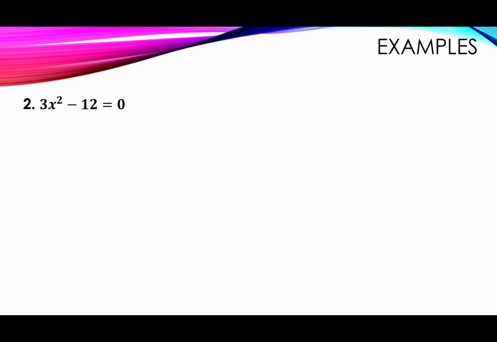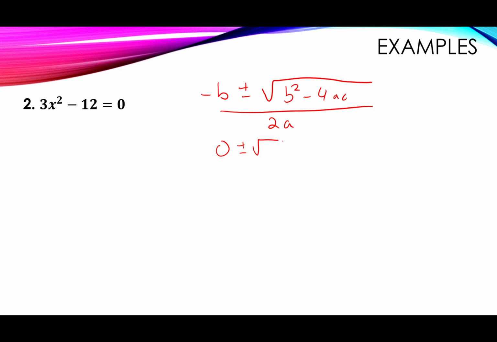And so again, I'm going to write the quadratic formula, negative b plus minus square root of b squared minus 4ac over 2a. Start plugging in. Well, this is 0 plus minus, again 0 minus 4, and then a is 3. My c is negative 12.